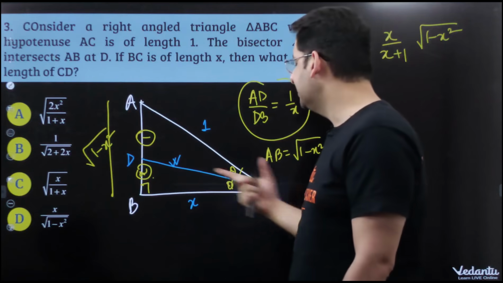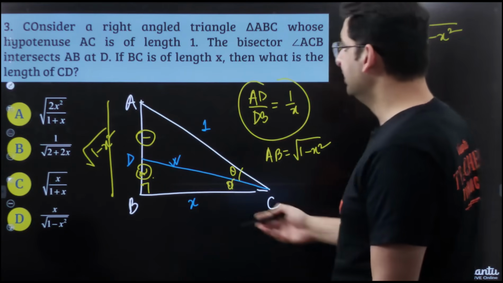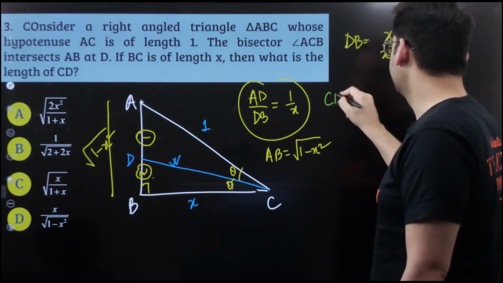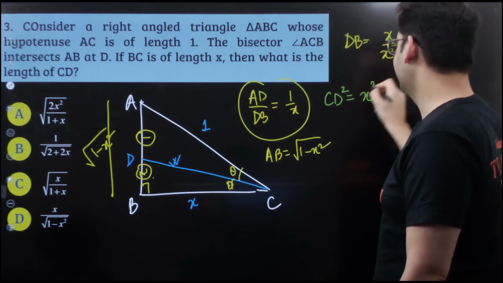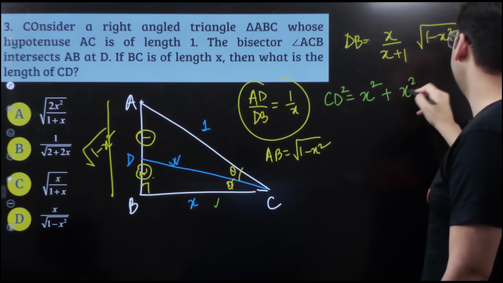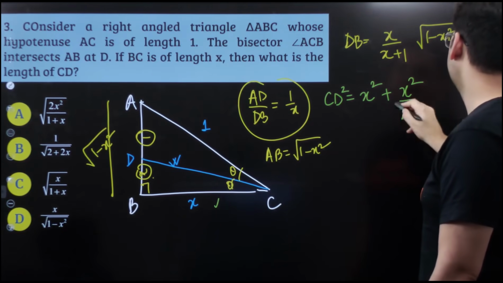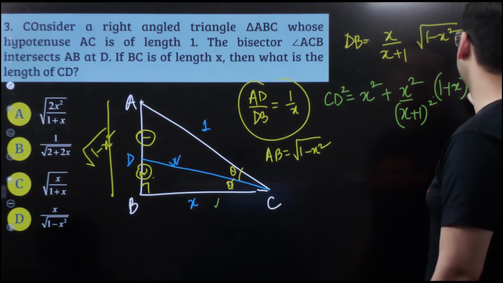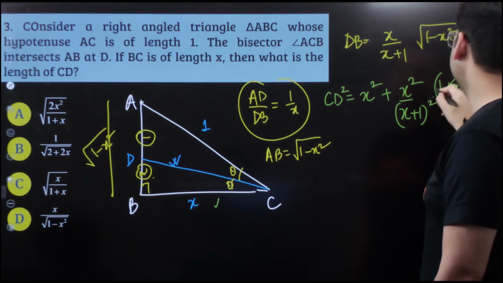DB आ गया, BC आ गया, I think CD का length आ जाएगा using Pythagoras. So CD square is equal to x square plus BD square. BD square is this. So x square upon x plus 1 whole square into 1 minus x square, which is 1 plus x into 1 minus x. So एक तो cancel हो गया.